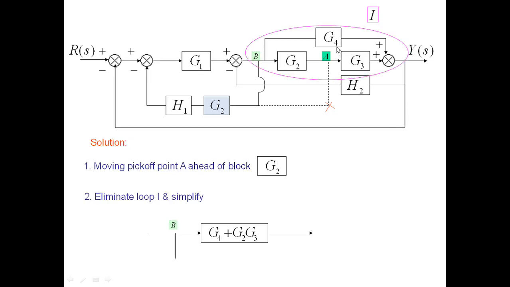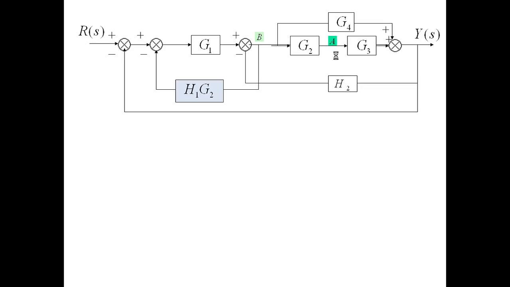Then G2 and G3 are cascaded due to this shifting of the takeoff point to the left, and G4 is in parallel, so we get G4 plus G2 G3. We have to minimize this whole circuitry into G4 plus G2 G3.